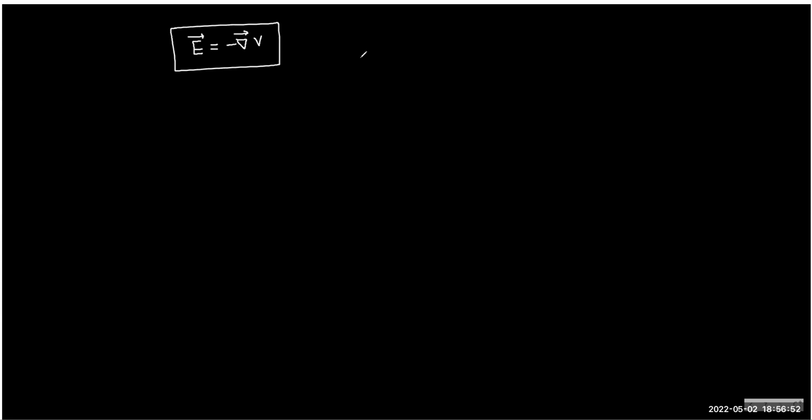So the next concept is a relation between E and delta V, that is, how the potential difference and electric field are related. This is a very common question which you will come across again. So again, I will make a generalized derivation, which is easy for you.